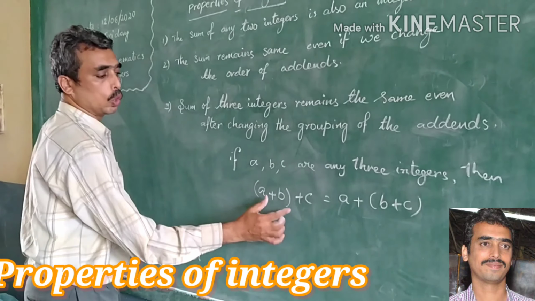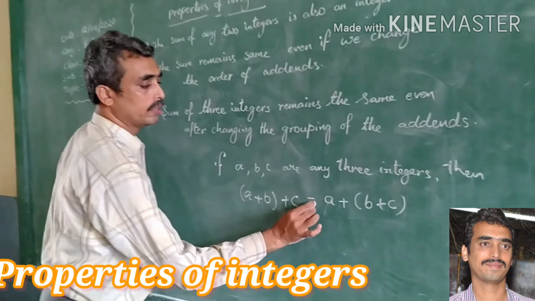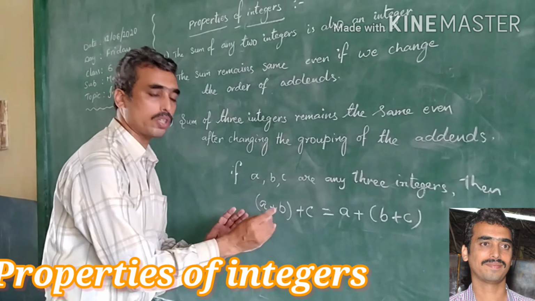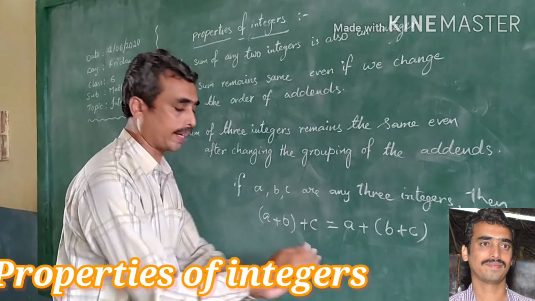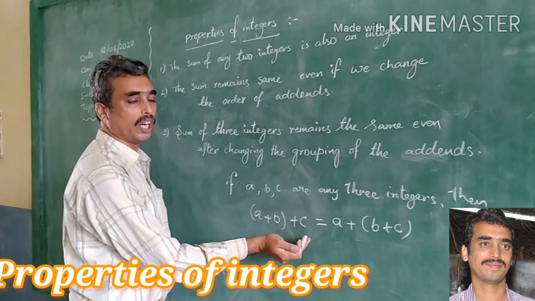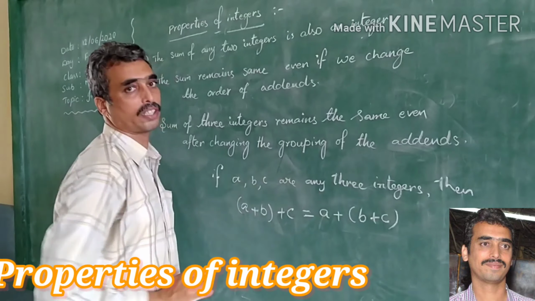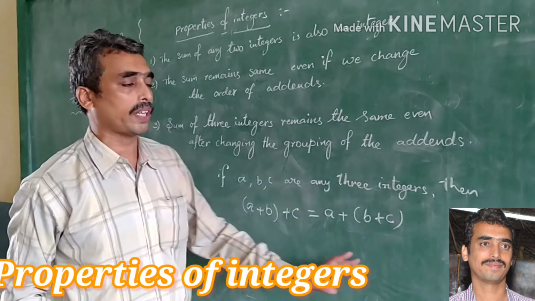The grouping of the numbers will change, but the answer remains the same. This is called associative. Here associative means the bracket is associating. Association means neighboring; it is sharing with the neighboring number. So this bracket is sharing with the neighboring number, and the grouping is changing. This is called associative property under addition.